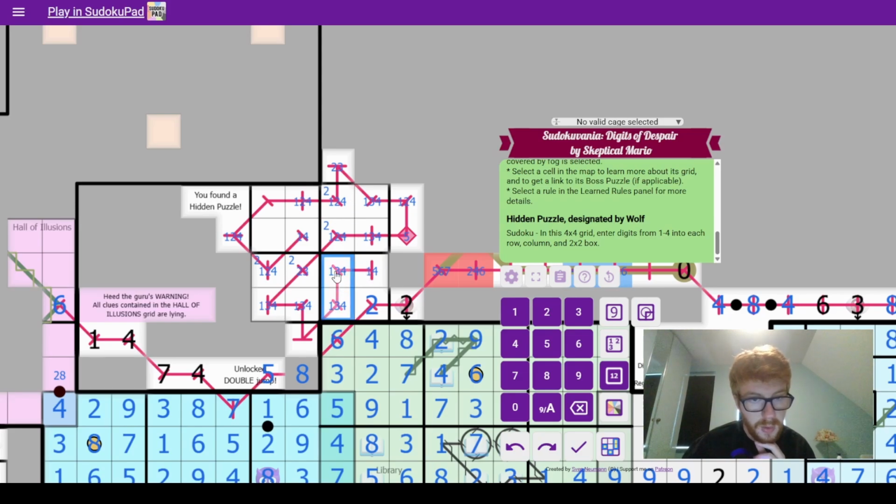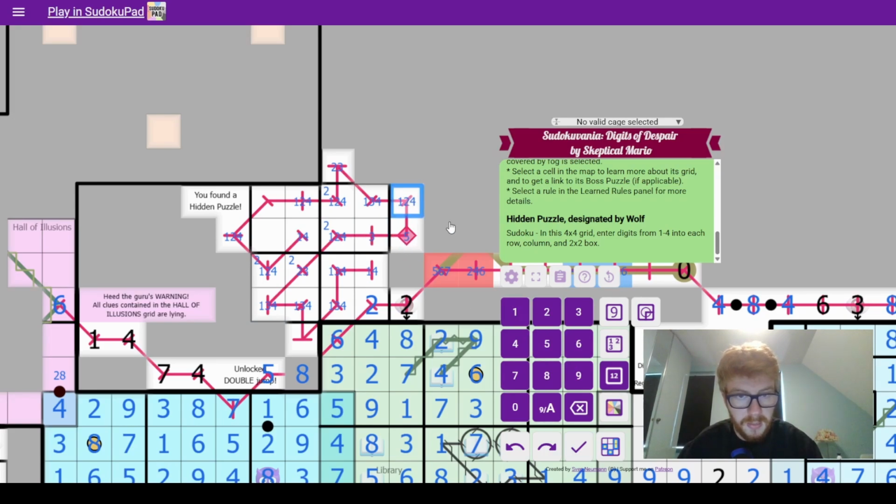Okay, so one of those is... well, we knew that one of those is 3. So one of those is 2. But it doesn't matter if it's that one. So one of those is 1, I guess. Well, okay, so that one can also not be 1 or 4, so that's a 3.